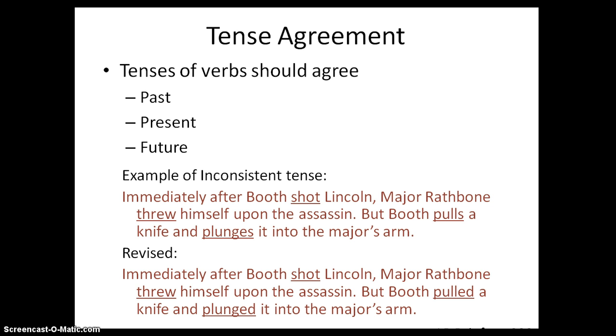That is mixing past with present. Revised, it should read: immediately after Booth shot Lincoln, Major Rathbone threw himself upon the assassin, but Booth pulled a knife and plunged it into the Major's arm.